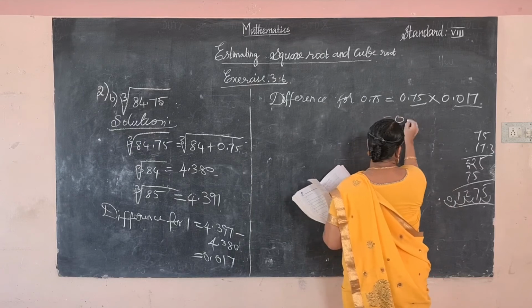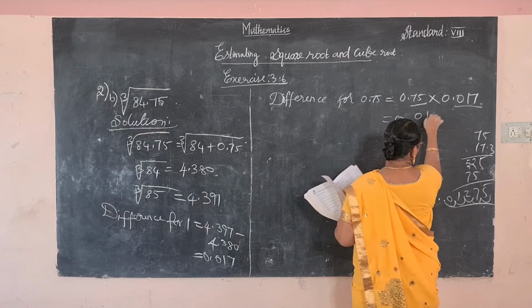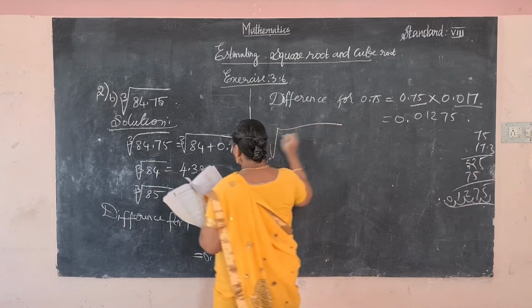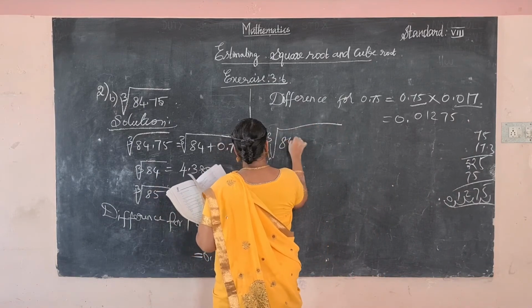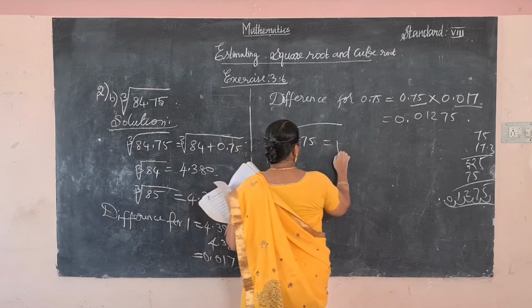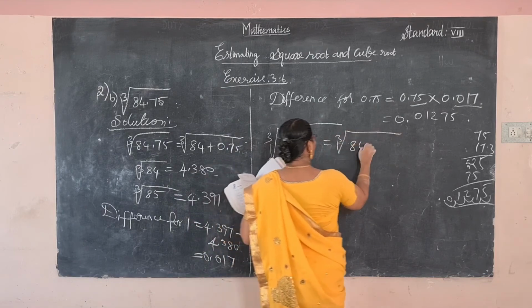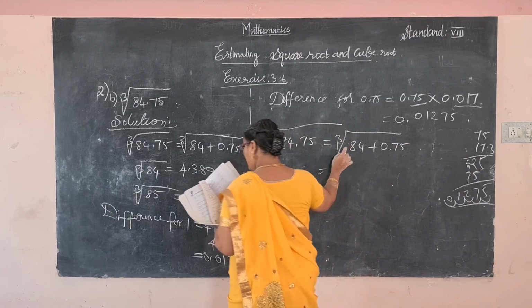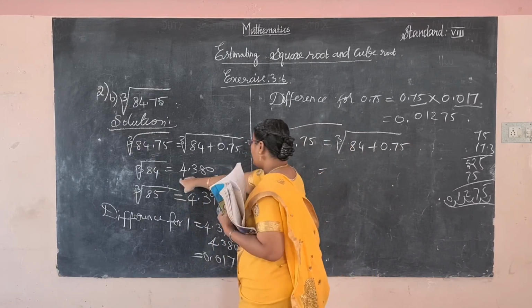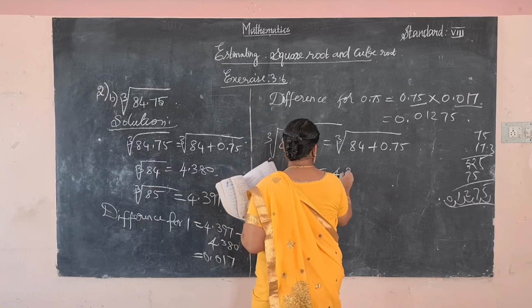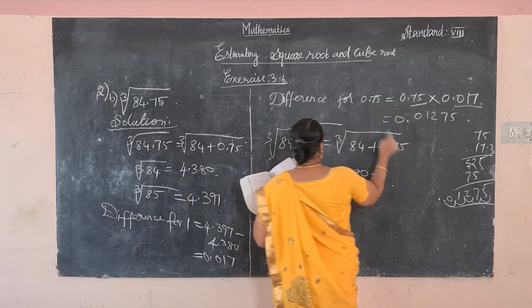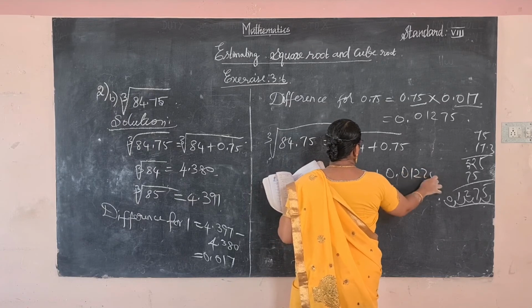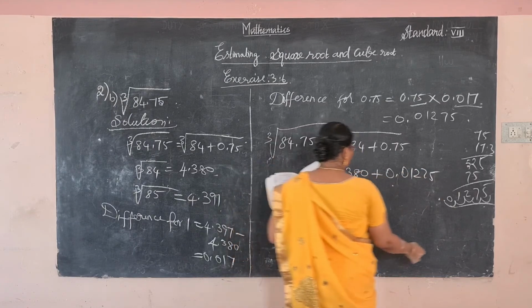So the product of this value is 0.01275. Okay. Now the cube root of 84.75 is equal to the cube root of 84 plus 0.75. Already found the value of the cube root of 84. The 84 value was 4.380 plus the 0.75 value was 0.01275. Okay, now add these values.